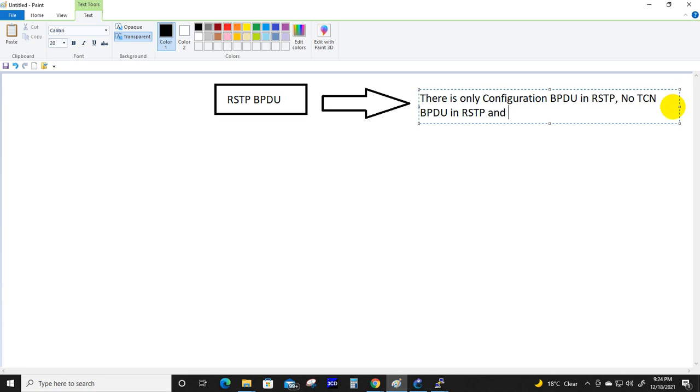And every switch can generate BPDU in RSTP.